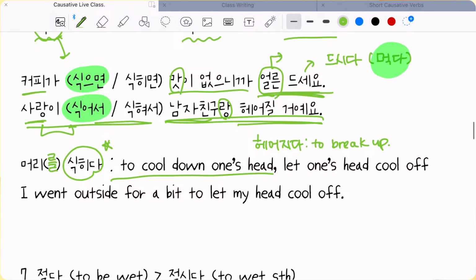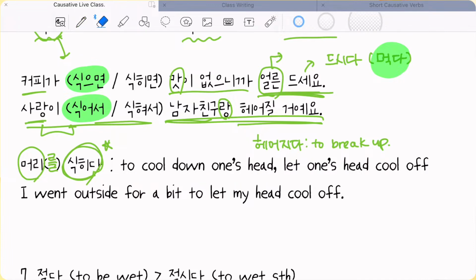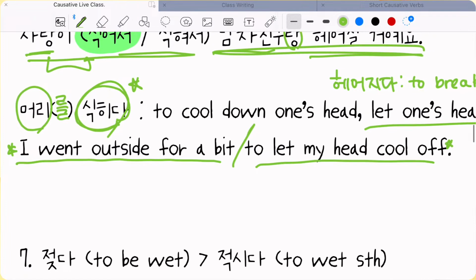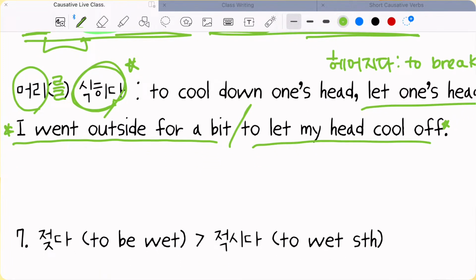And it would literally mean to cool down your head, to let one's head cool off. So let's try translating this full sentence, guys. I went outside for a bit to let my head cool off. Using 머리를 식히다, guys. Can you guys try translating this whole sentence?